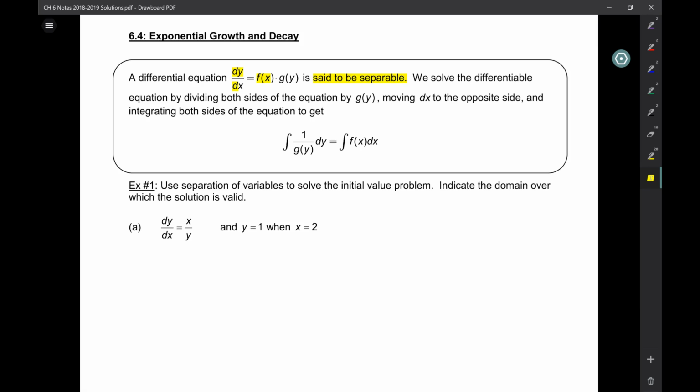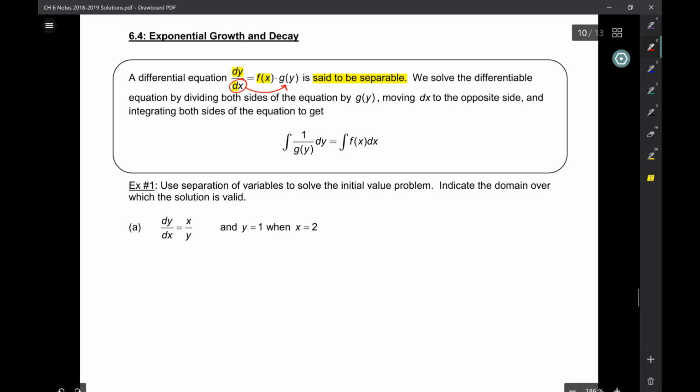What you could do is group the function of y with the dy, and the function of x with the dx. Remember how before we were moving the dx over to that side, and you would get dy equals blah blah blah dx?